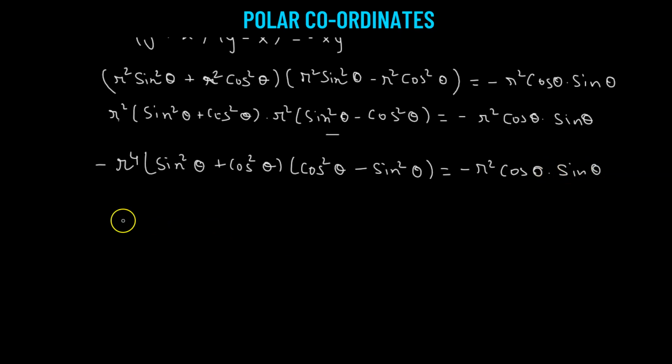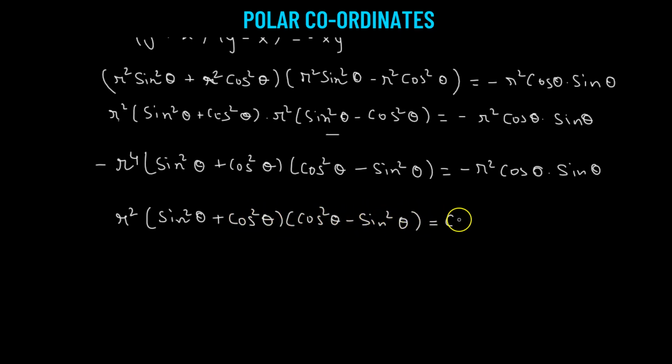We can factor out negative r squared from both sides, and this will leave us with r squared multiplied by (sine squared theta plus cosine squared theta) multiplied by (cosine squared theta minus sine squared theta) equals cosine theta times sine theta. Now we have two identities here. This is the first identity, sine squared theta plus cosine squared theta, which has a standard value of 1.